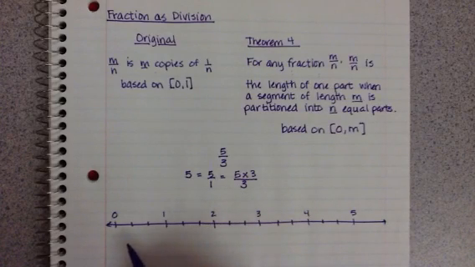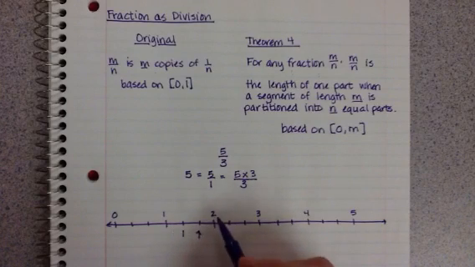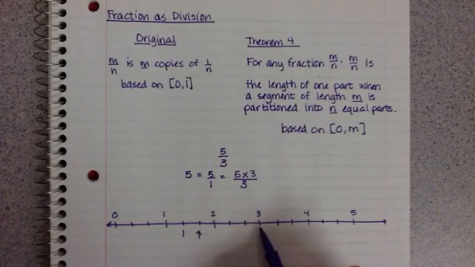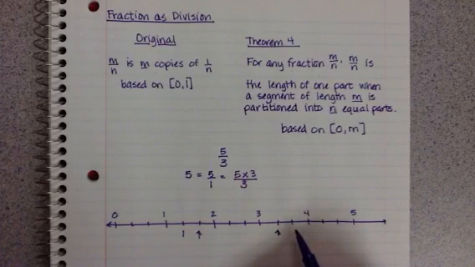But we need 3 groups of these, so it's going to be 1, 2, 3, 4, 5. Here's our first group. Then count again, 1, 2, 3, 4, 5. And our last group, 1, 2, 3, 4, 5.